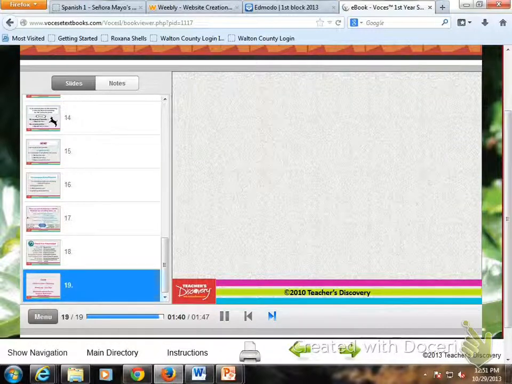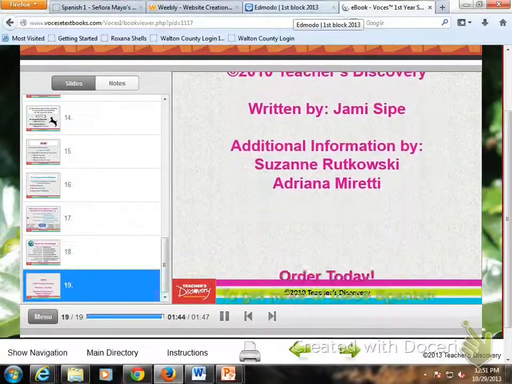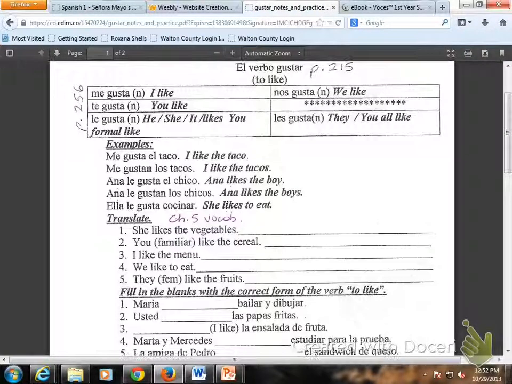Okay. What you're going to do is go to Edmodo and go to the gustar notes and practice. And on here, the way that I listed the verb for you, so that you see it the way that we normally see verbs, is that you have the me, te, le, nos, and les in front of what's going to agree with your subject.